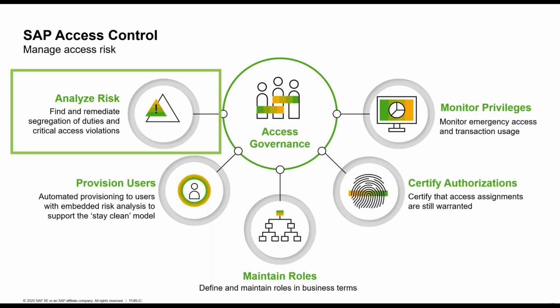Though that's probably going to be at a coarse-grained and relatively inaccurate level. Or finally, we could set up an additional connection from SAP Access Control to Workday and automatically pull the user data from Workday every time we run an ad hoc risk analysis, a batch risk report, or even risk simulation.